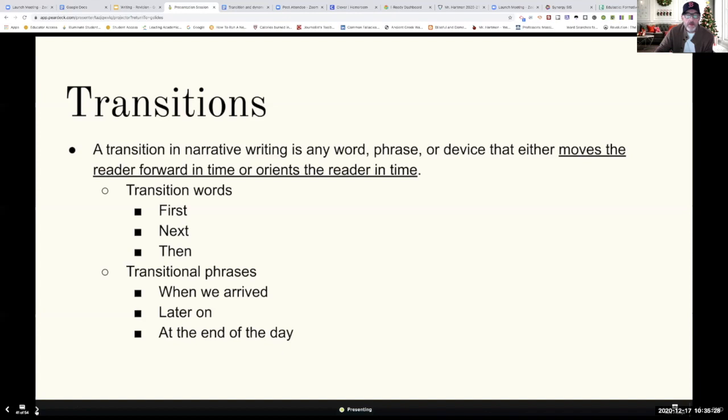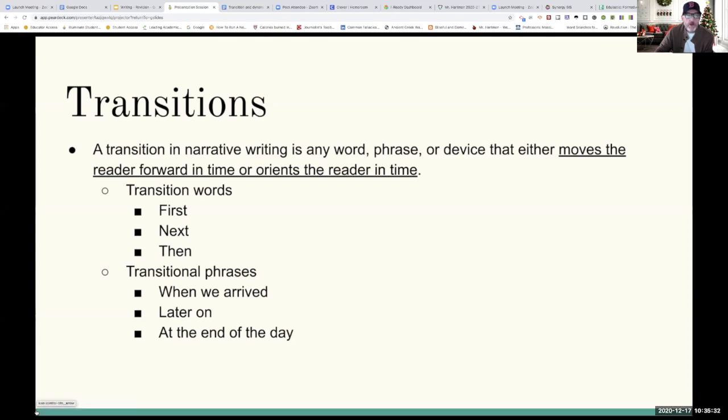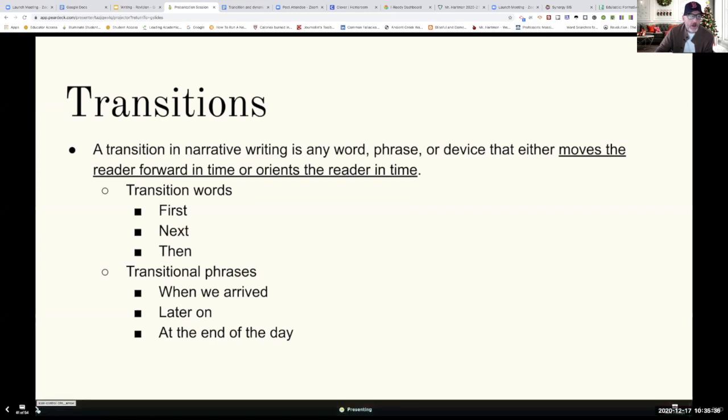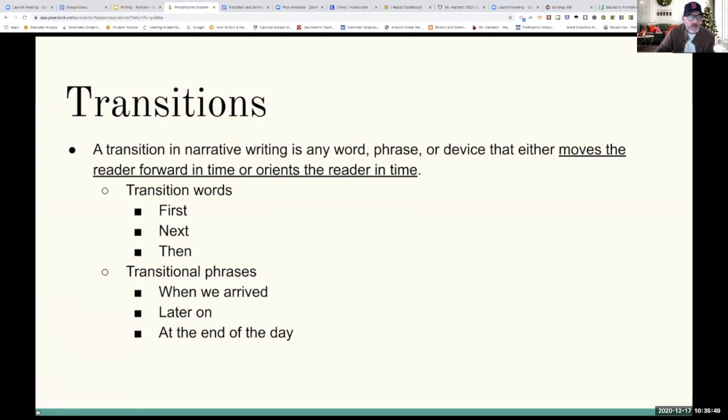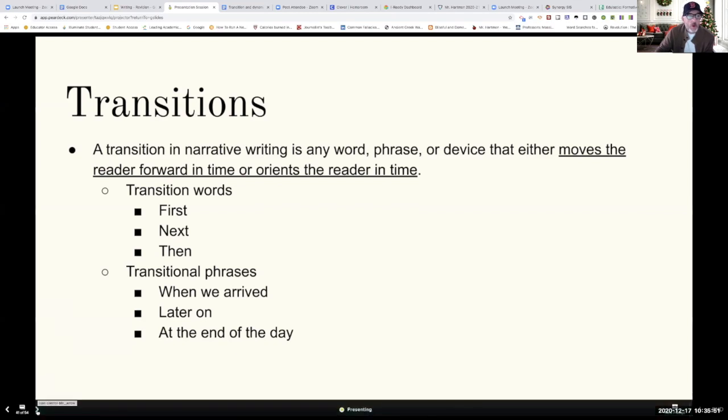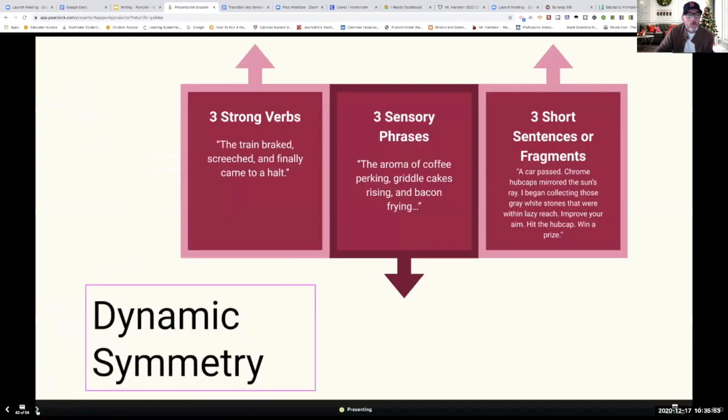But the key thing to remember is that it moves the reader forward in time or orients the reader in time. It's letting us know where we are in terms of future, past, present, where we're at, where we're going.